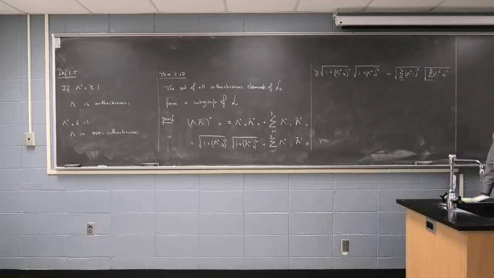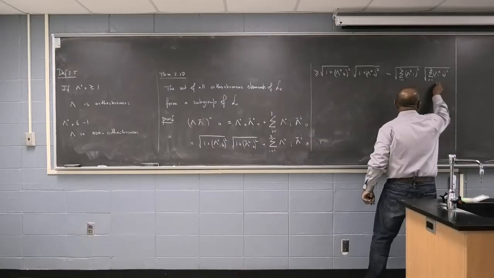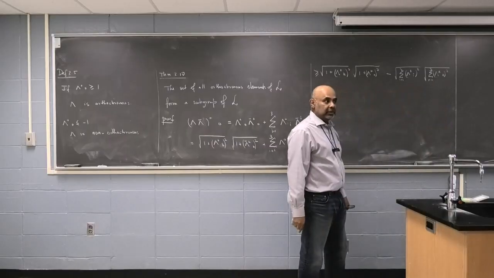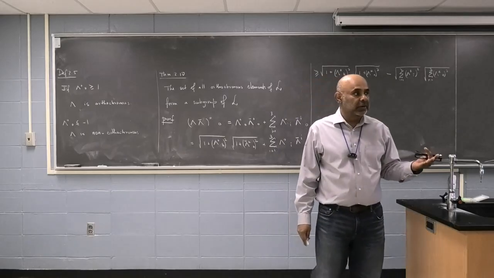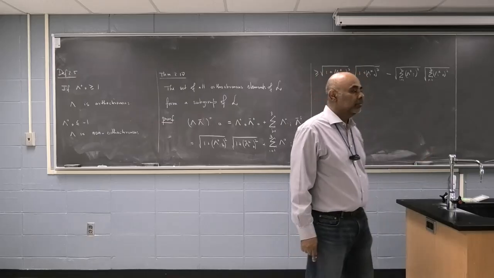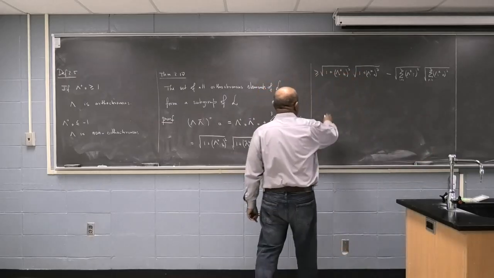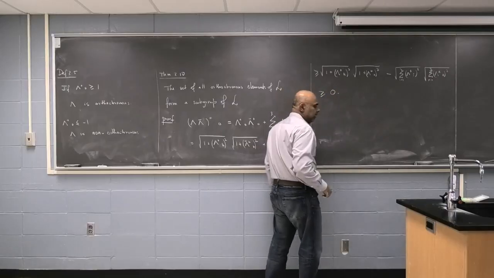Well, now all you have to do is stare. This number is bigger than this. This number is bigger than that. And they're all positive. So when you subtract a smaller number from a bigger number, you're going to get a positive number, and that's actually enough.